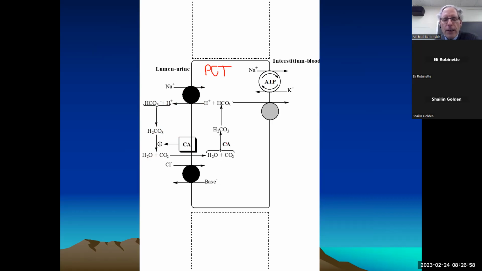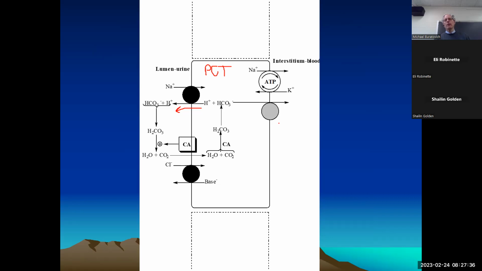Inside the cell, there's another carbonic anhydrase that will convert water and carbon dioxide to carbonic acid. That carbonic acid disjoins to bicarbonate and to hydrogen ion. The hydrogen ion then, as you see, gets moved back to the outside. The bicarbonate then is removed by means of an antiporter.